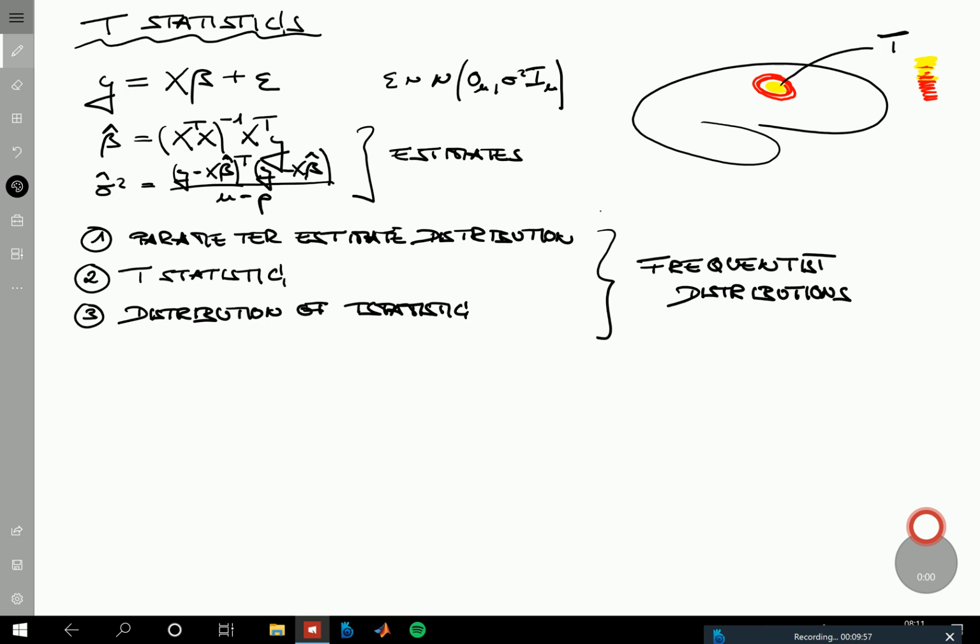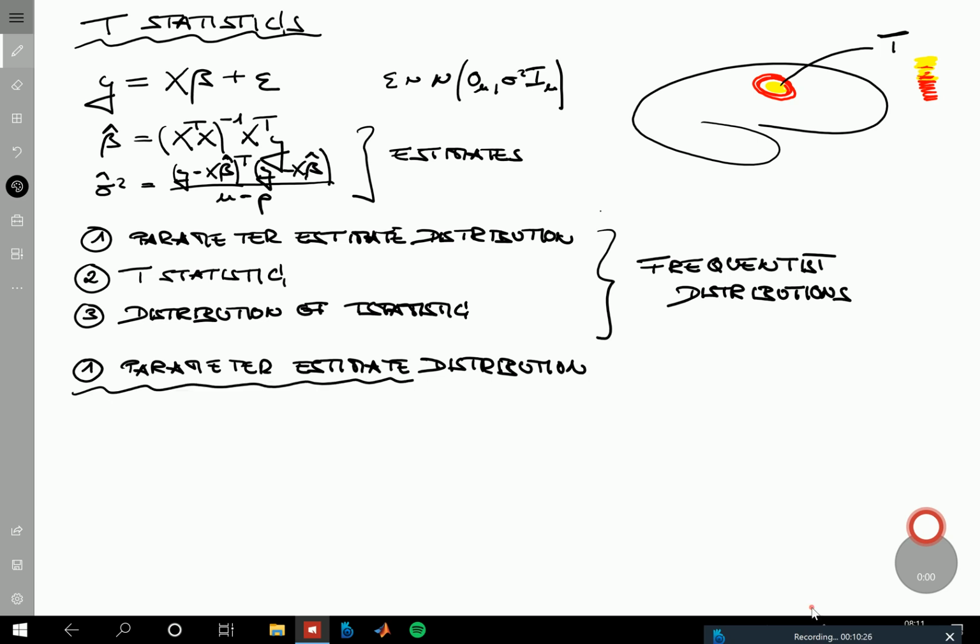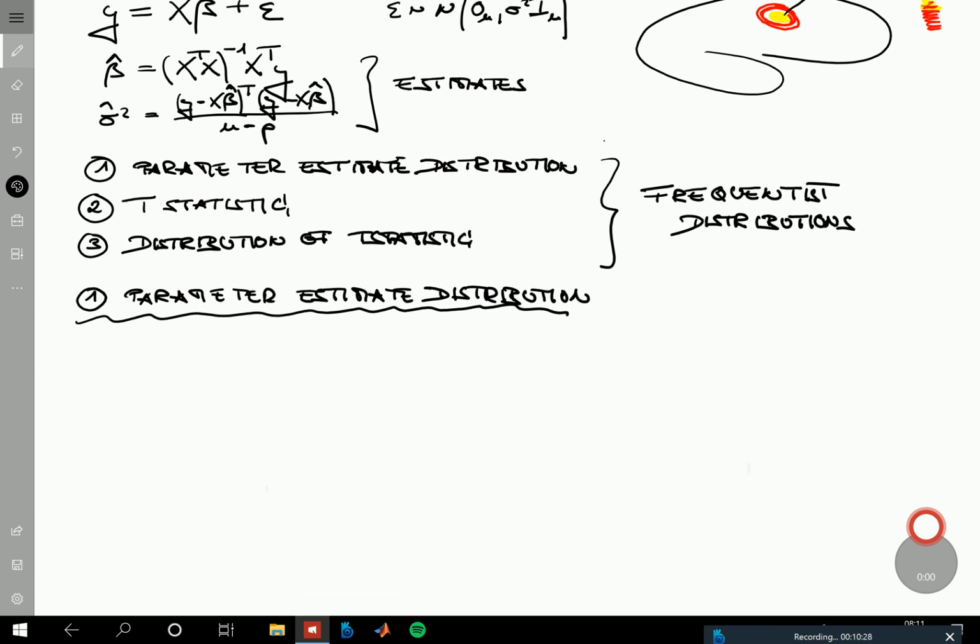And the first thing then to discuss is what this frequentist mindset actually means, and how this then results in our parameter estimate distributions. That is the most important thing to get into. Sometimes people are a little bit confused by that, but I think it's relatively straightforward. So let's hope we get that clear.